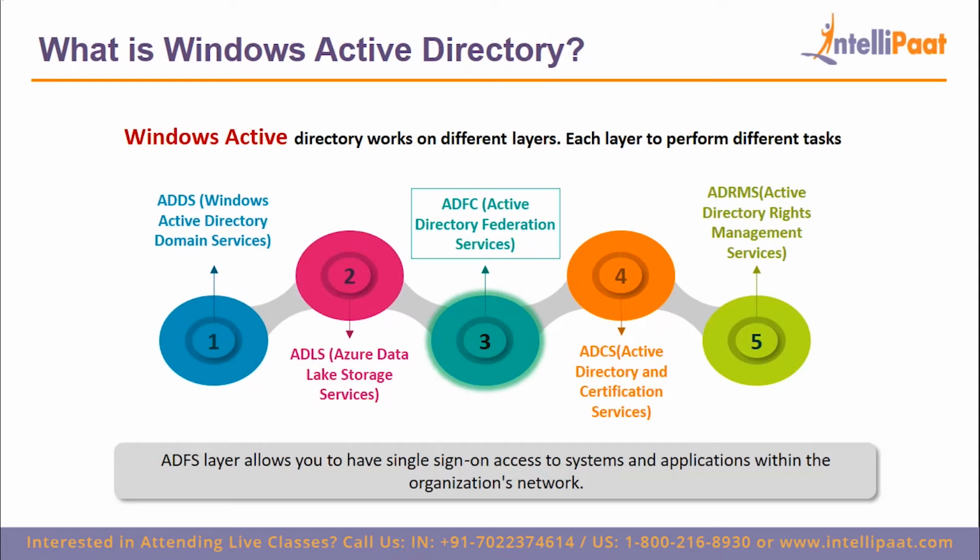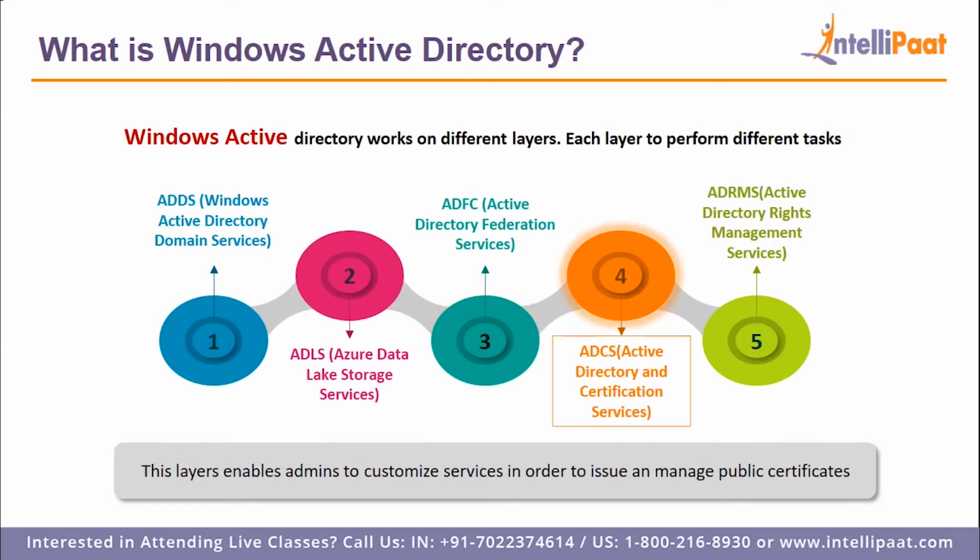Now, I've already told you a little bit about the single sign-on feature, right? Since this is Windows Active Directory, it works on on-premise work locations. That means this layer provides single sign-on using which users will be able to access systems or applications, not web-based services, with a single credential. So this is what ADFS is for.